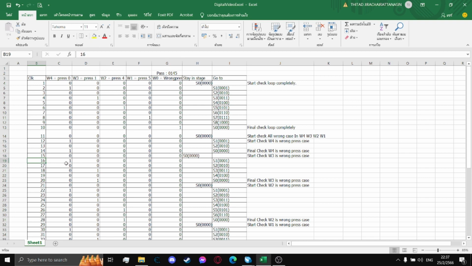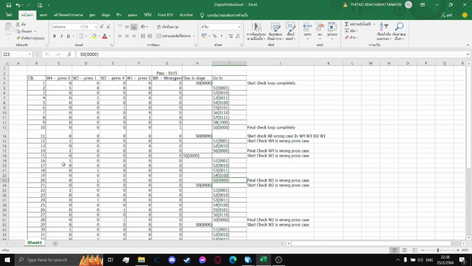And 16, when you press 0, they will go to state 1. And 17, not press, go to state 2. 18, press 1, they will go to state 3. 19, not press, then they will go to state 4.